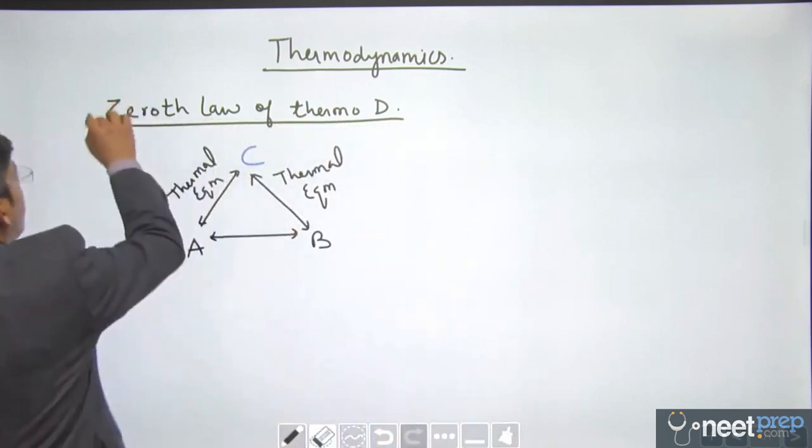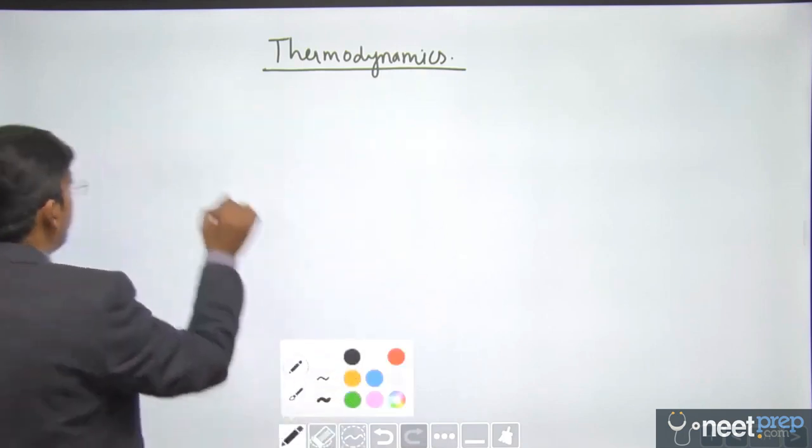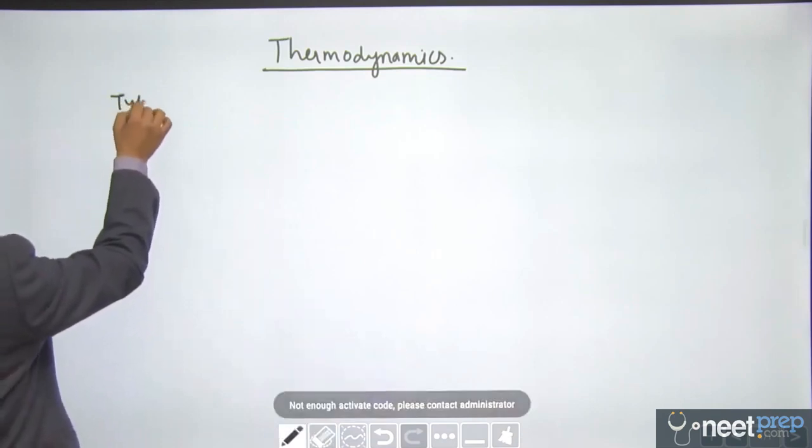Let us now understand the various thermodynamic processes, okay? So, types of thermodynamic processes.